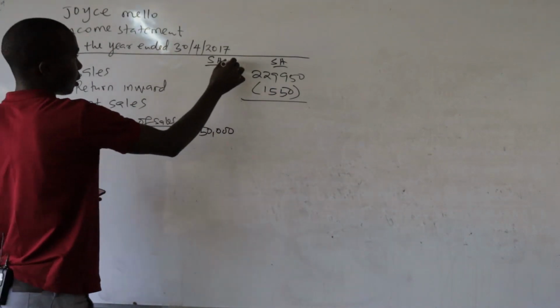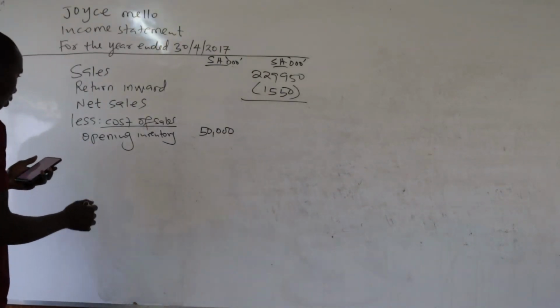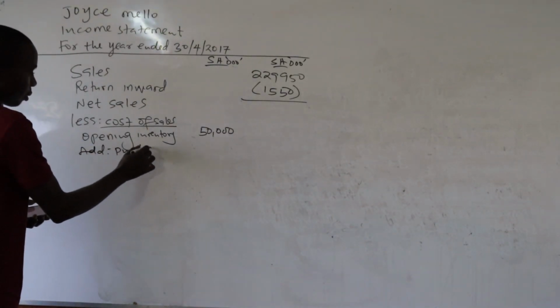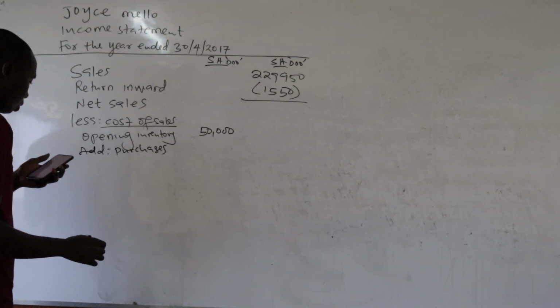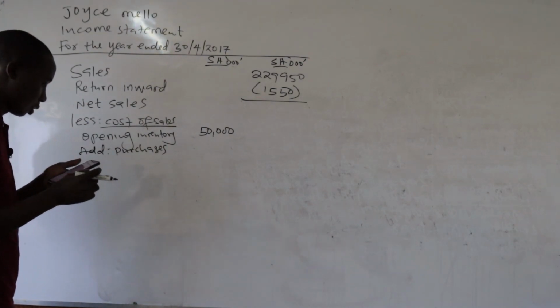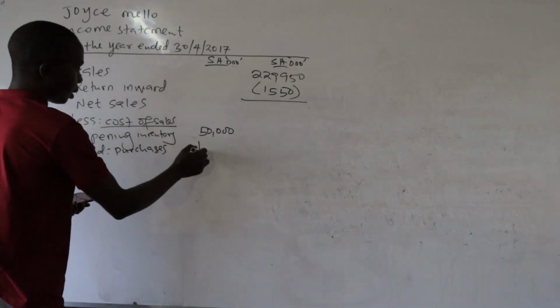Remember that this one is in terms of thousands. So we have 50,000. We add purchases. The purchases which are provided here, we need to check, 170,020.